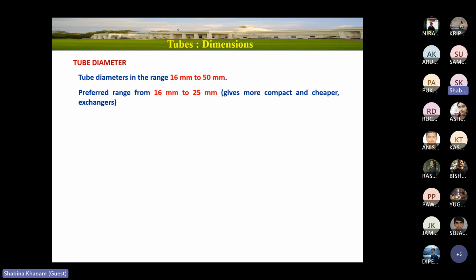Among the values available in the market, you need to choose a diameter which falls in the range 16 to 25 mm. I hope you are getting my point. Larger tubes are easier to clean by mechanical methods and would be selected for heavily fouling fluids. So if you are dealing with a more fouling tendency fluid, you can go beyond 25 also, because it is easier to clean.